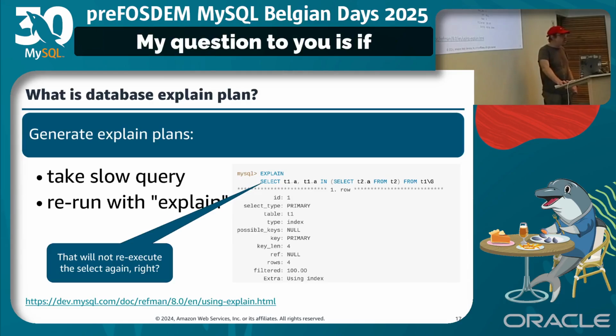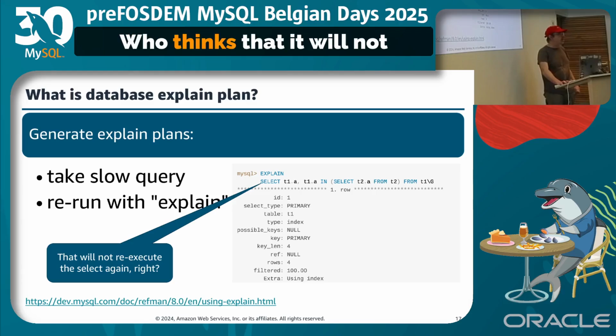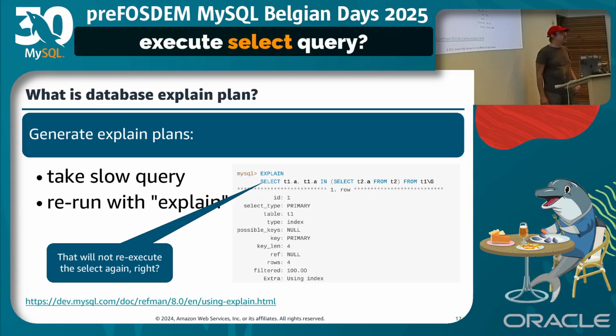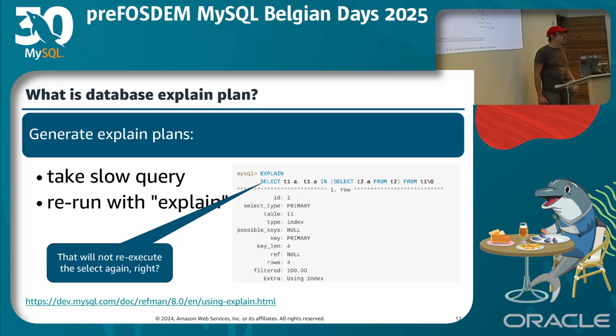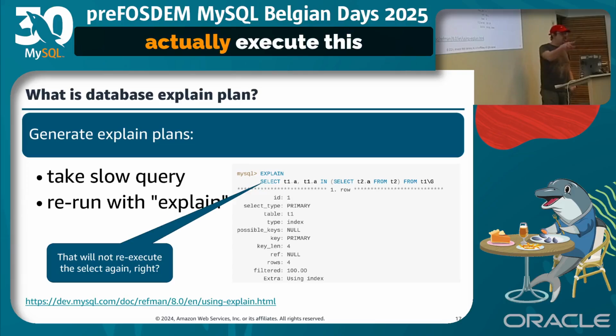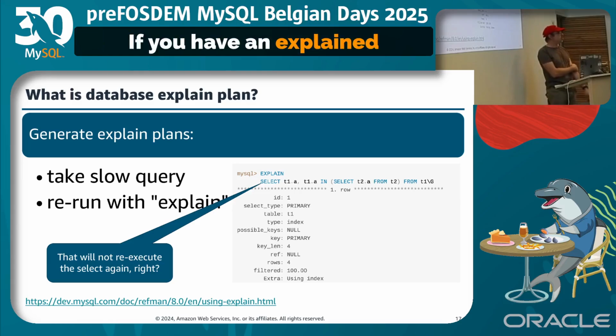My question to you is, if we run this explain, will it execute the select query? Who thinks that it will not execute select? Who thinks that it will actually execute this select query if you run explain?